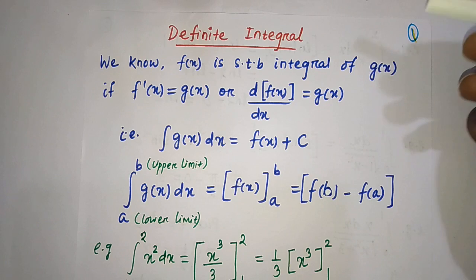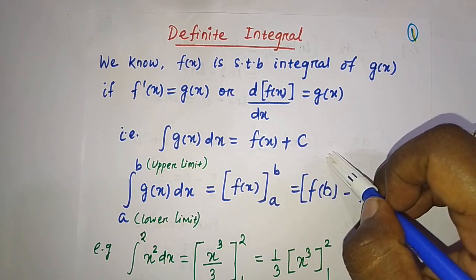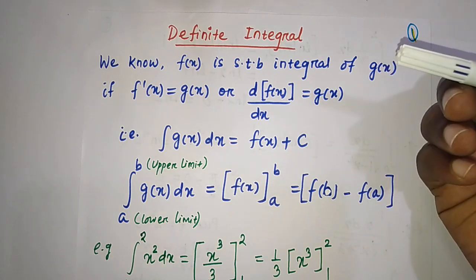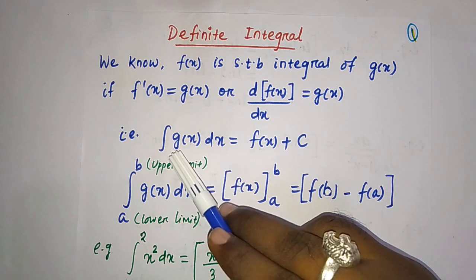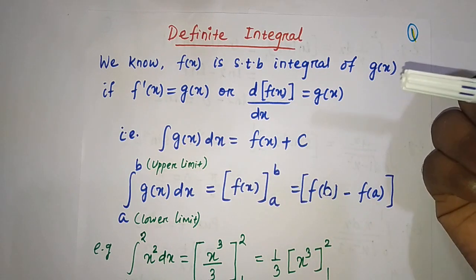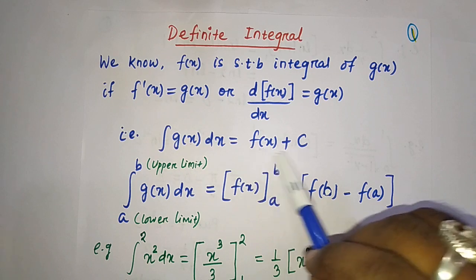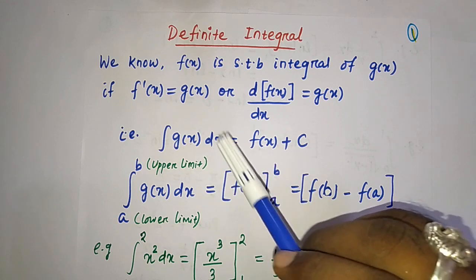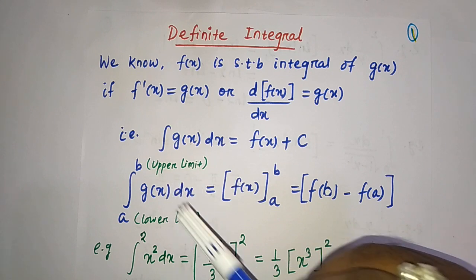In case of indefinite integral we were writing f of x plus c, where c was a constant term. Since the value of c is not fixed, c can be anything, that's why we were calling this integral an indefinite integral.